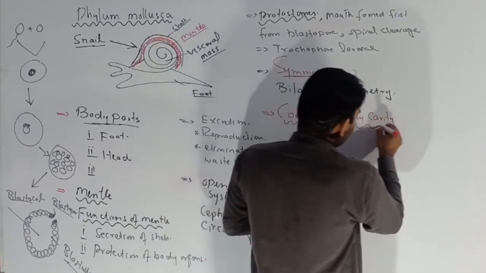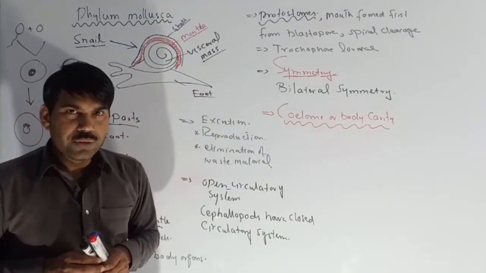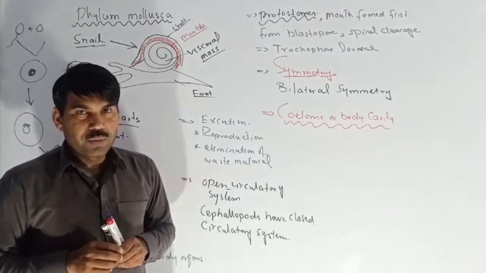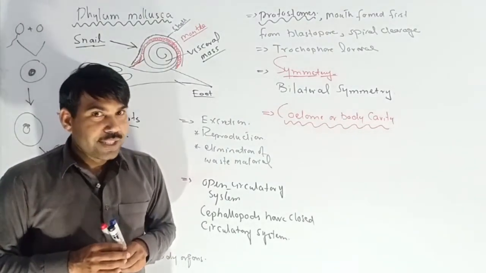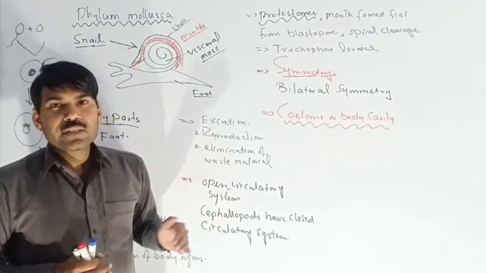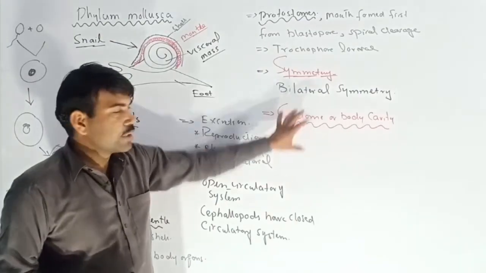The coelom in the members of the phylum Mollusca is reduced and contains some systems such as the circulatory system or heart, as well as excretory structures such as nephridia. These structures are present in the small cavity which is known as the coelom.